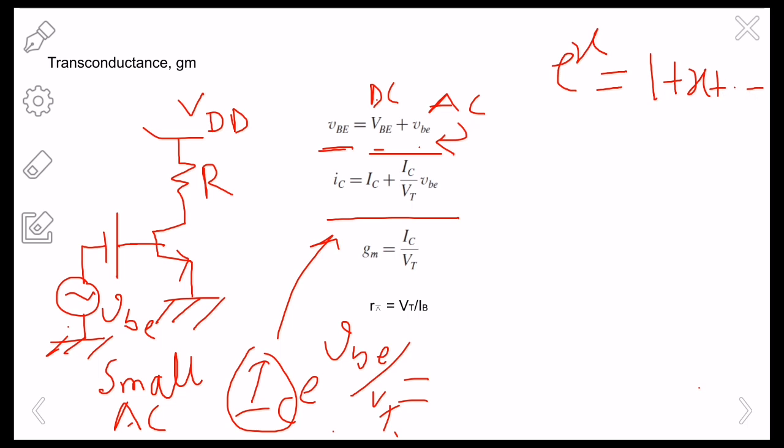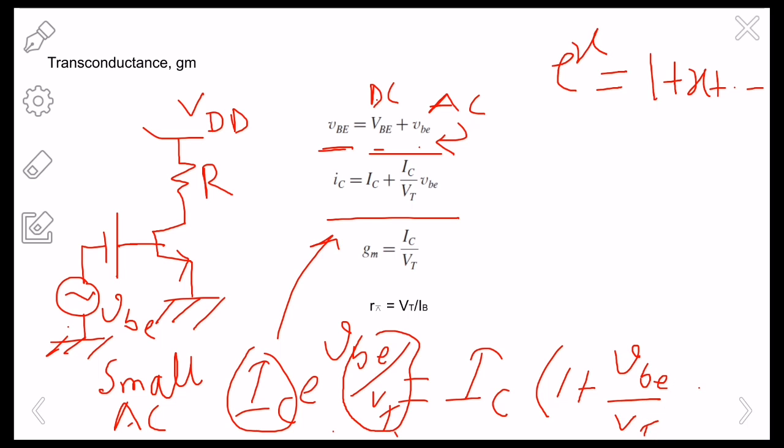Okay, so if I actually break down this, then I get something like this, that IC times 1 plus, so this is the value of x right here, right? So vbe divided by VT, right?